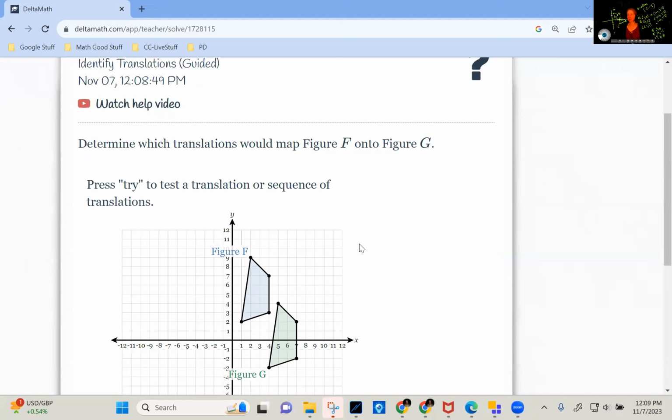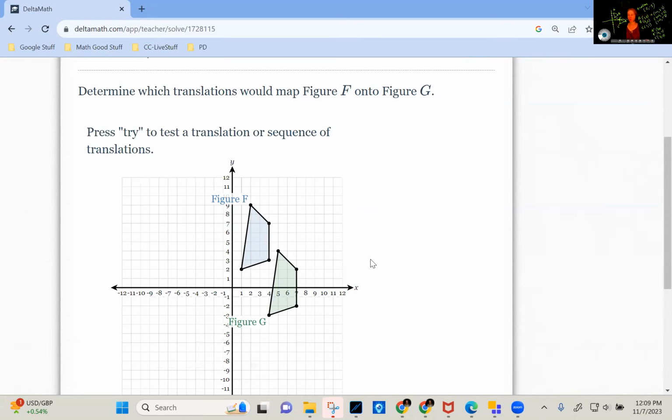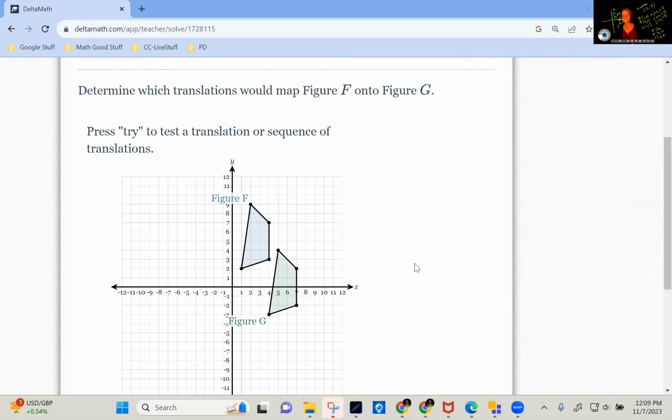This one says determine which translations would map figure F onto figure G. So from F to G. I'm just going to choose one point. It doesn't matter which, but I'm going to figure out how far this top point goes to the side. 1, 2, 3. And then how far does it go down? 1, 2, 3, 4, 5.